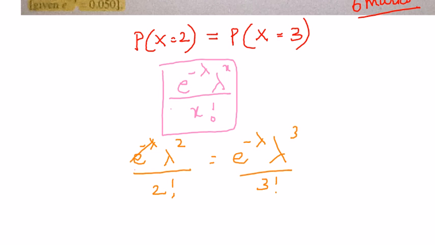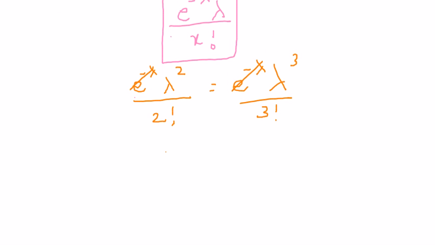Now I can cancel e power minus lambda on both sides, right? So let me take this to the side. So 3 factorial by 2 factorial into lambda squared equal to lambda cube, right? And if I cancel 3 factorial and 2 factorial, the remaining will be only 3.